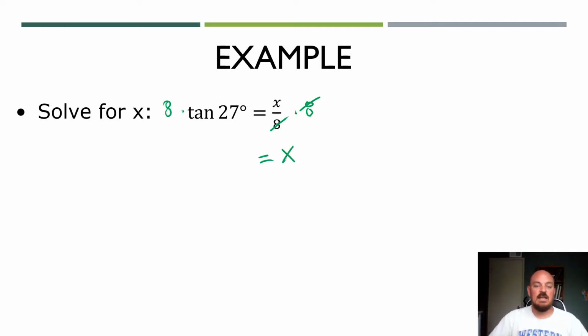I've isolated x. My answer is 8 times tangent of 27, which, let me pause and do that on a calculator. I'll come back. That's a little bit over 4. It's like 4.1. Okay, nothing new there. I just wanted to remind you of what we'd done yesterday.